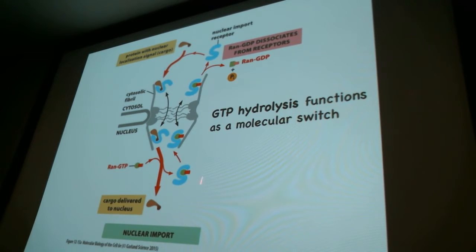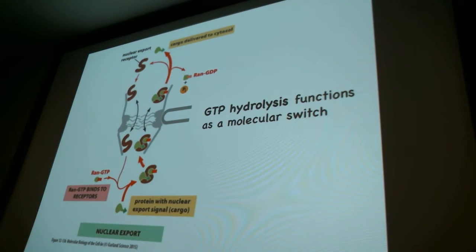So the important thing to remember here is that it's the asymmetry in the distribution of RAN GTP and RAN GDP that controls the traffic into the nucleus. And what is really cool is that the other way around, when proteins come out of the nucleus, this happens with different receptors, what we call the nuclear export receptors. It works exactly the same way, but the other way around.